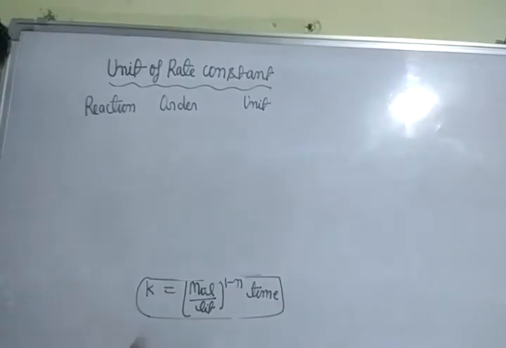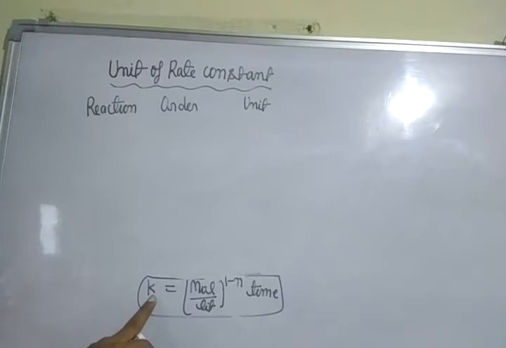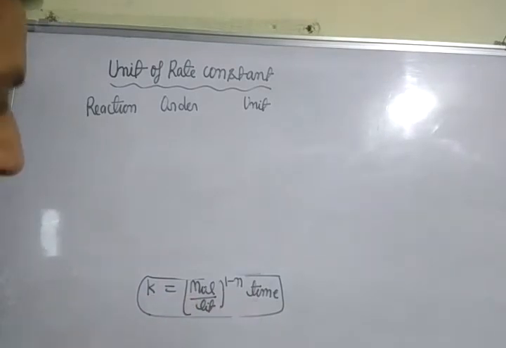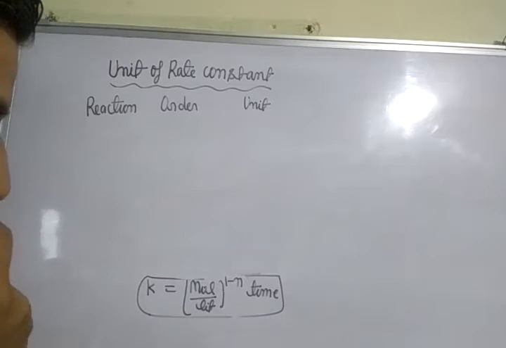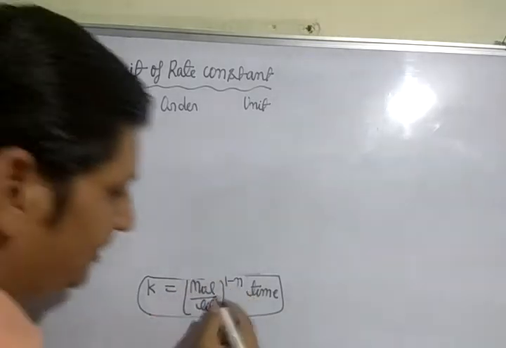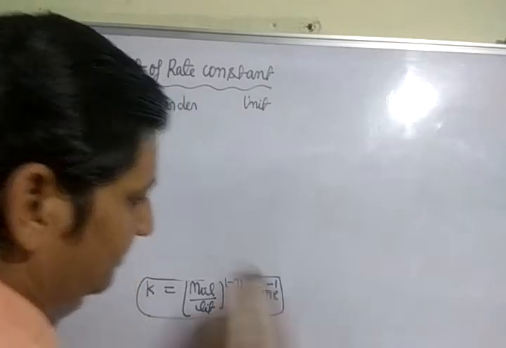You have to learn this formula. Rate constant K is equal to mole per liter to the power 1 minus n, time. And when we write time from numerator to denominator, it becomes time inverse.